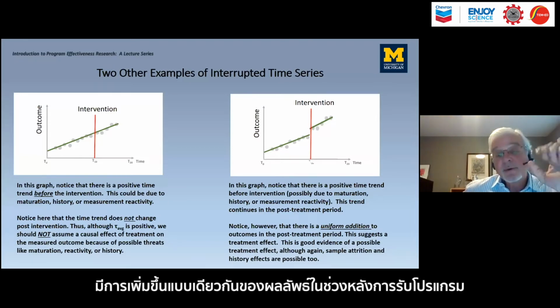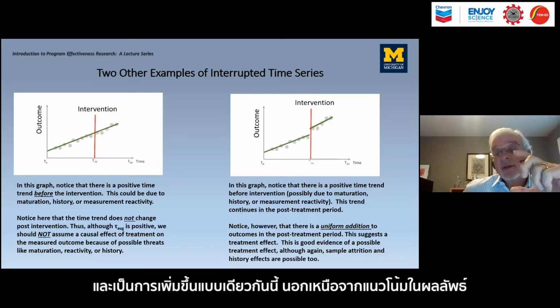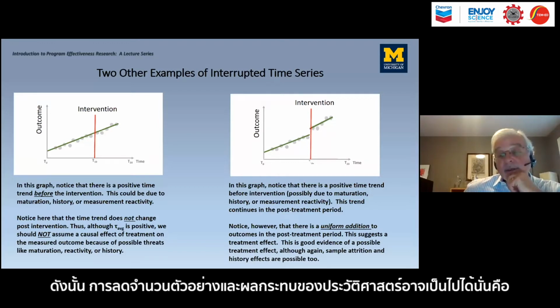There's a uniform addition to outcomes in the post-treatment period. And it's this uniform increase apart from the trend in the outcomes that suggests that there is in fact a treatment effect going on.